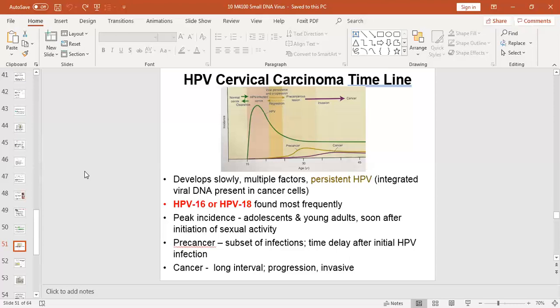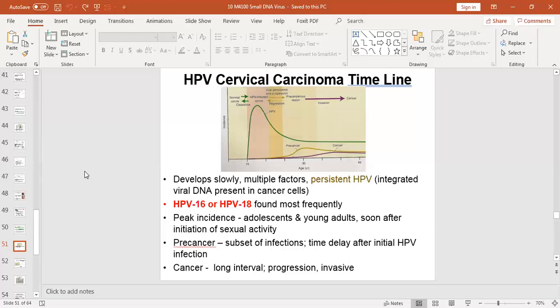Peak incidence of the disease is during adolescence and young adult years, or soon after initiation of sexual activity. A subset of infections are precancerous, meaning that there is a time delay after initial HPV infection until the virus causes cancer.